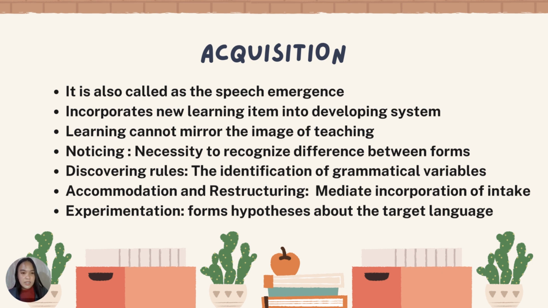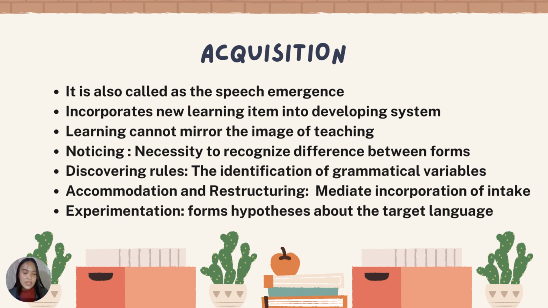Next, discovering the rules. We now identify, there is an identification of grammatical variables. Next is accommodation and restructuring. There is immediate incorporation of intake. Next is experimentation. The learners here tend to hypothesize about the target language.